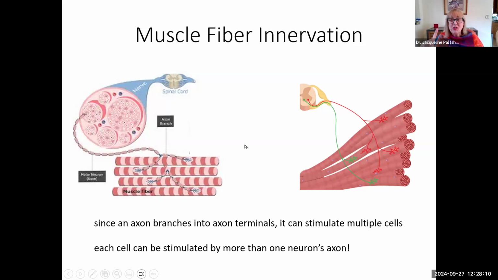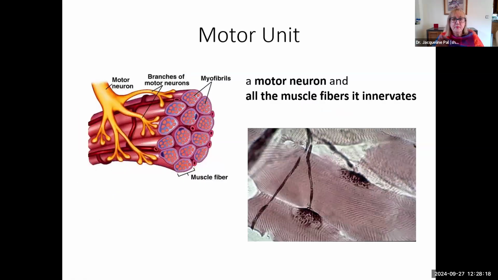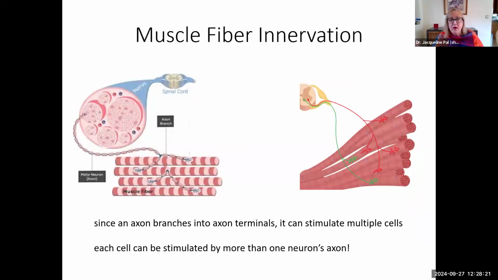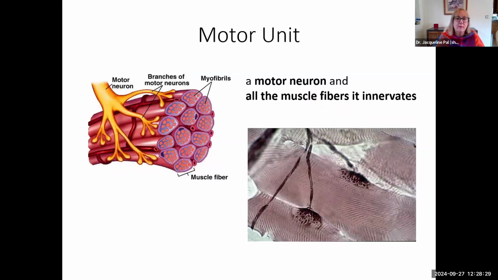Okay, so it's still just one nerve, but it can be more than one neuron of that nerve. Remember, a nerve is a bunch of axons traveling together, thousands of them traveling together.